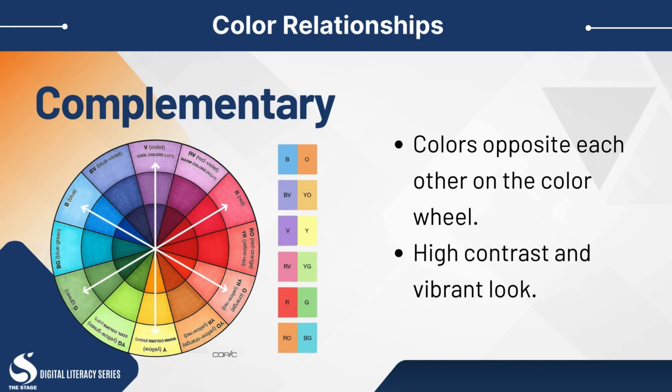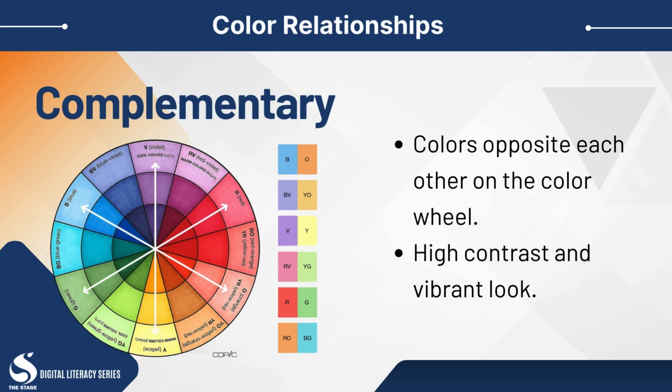So let's look at our complementary. These colors are opposite each other on the wheel, like red and green or blue and orange. What you want to think about is high contrast. If you have red, opposite it is green. If you have blue, opposite is orange.